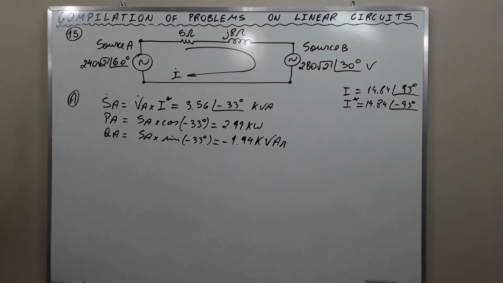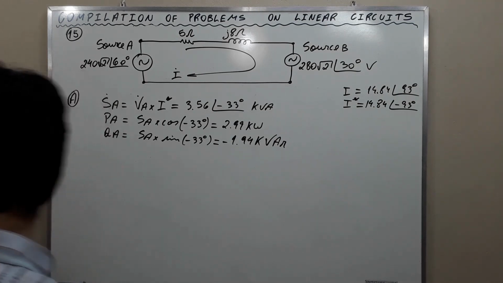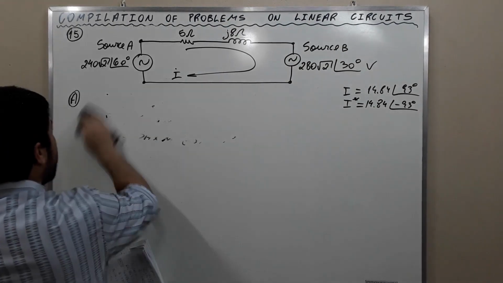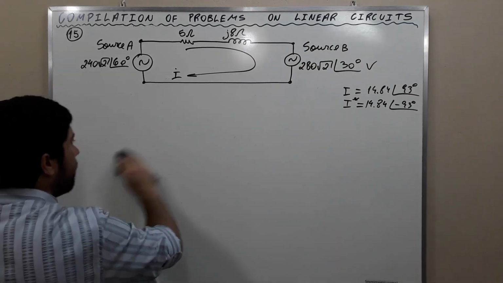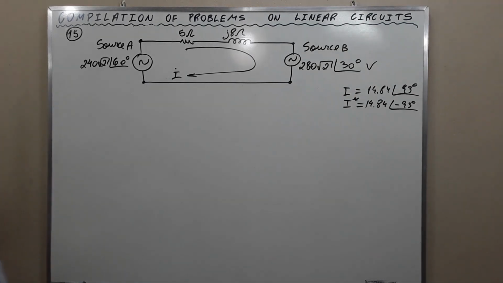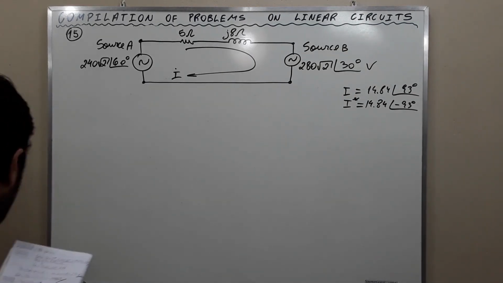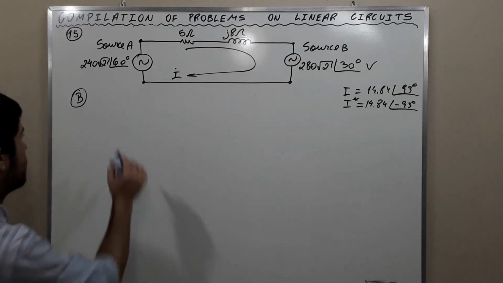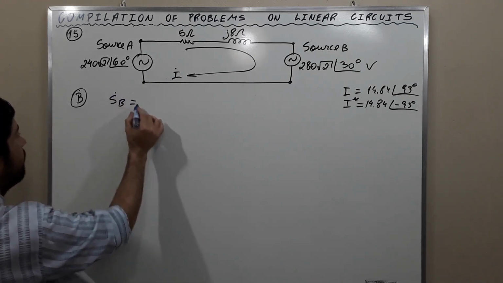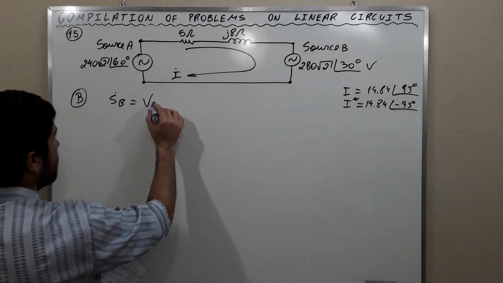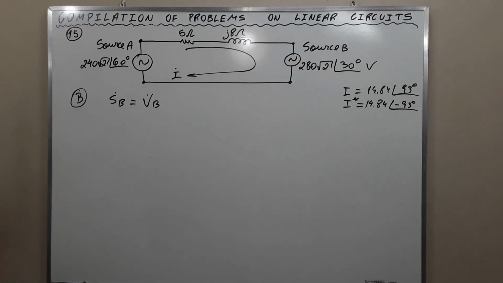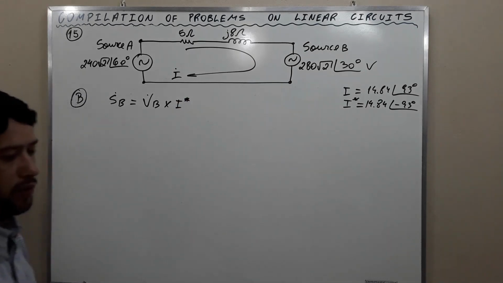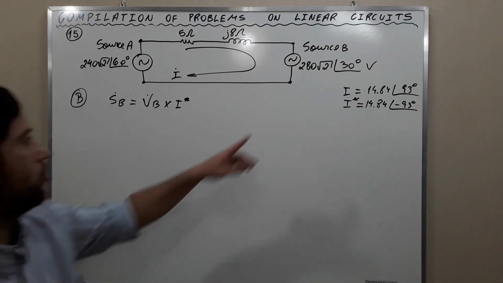Now let's calculate the same parameters for source B. For source B now, the complex power of source B with a dot on top is the multiplication between the voltage phasor and the complex conjugate of the current phasor, and we use this value here.